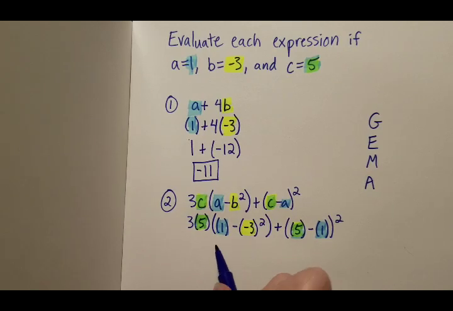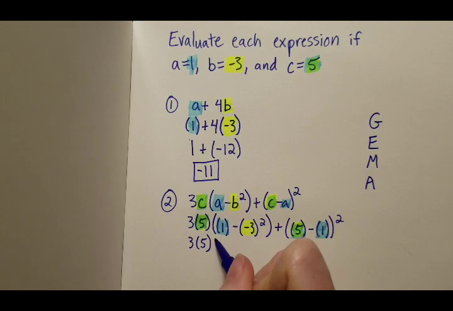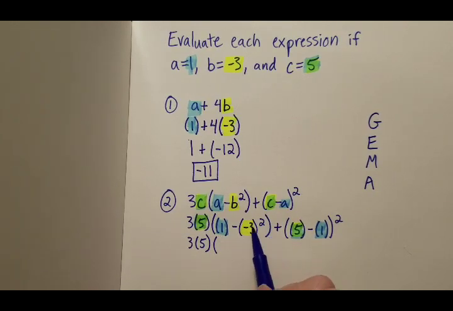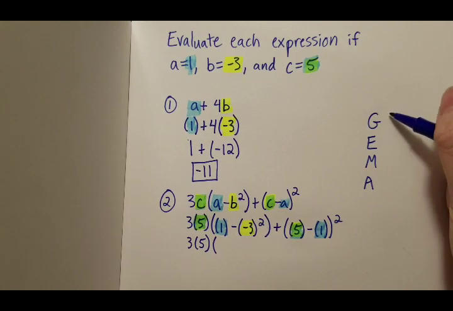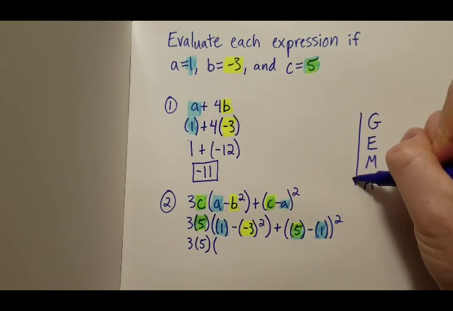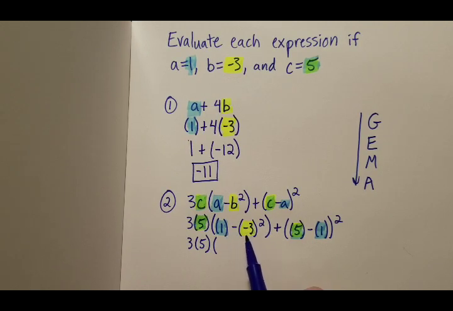Okay, so we are going to leave this 3 times 5 alone, and we're going to look inside this first set of parentheses. And within each set of grouping symbols, we need to go through the whole GEMMA process again. So inside we don't have any other grouping symbols that are mattering because again, they only have one number inside of them, so they're not grouping different things.